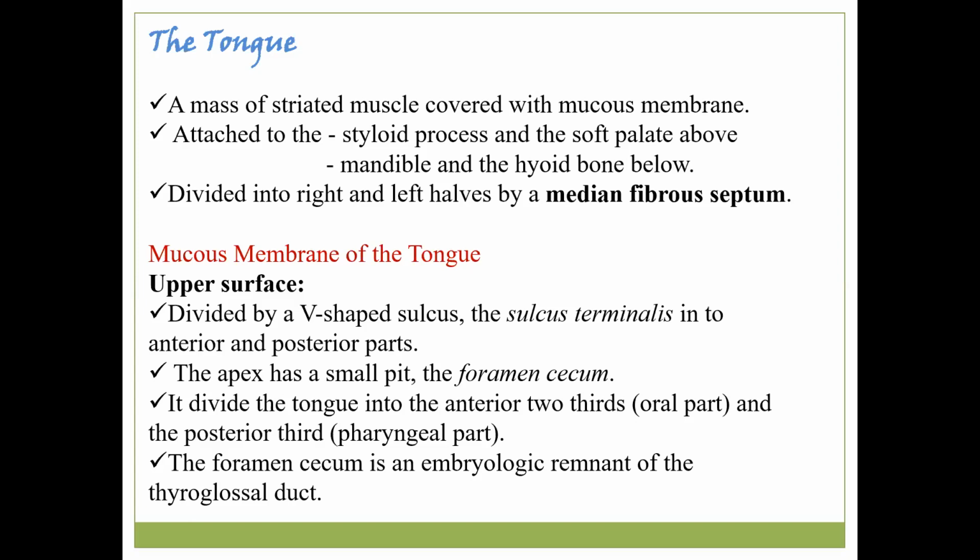On the upper surface, you can see a V-shaped sulcus somewhat posteriorly. This sulcus is called the sulcus terminalis, and it divides the upper surface of the mucous membrane of the tongue into anterior and posterior parts.